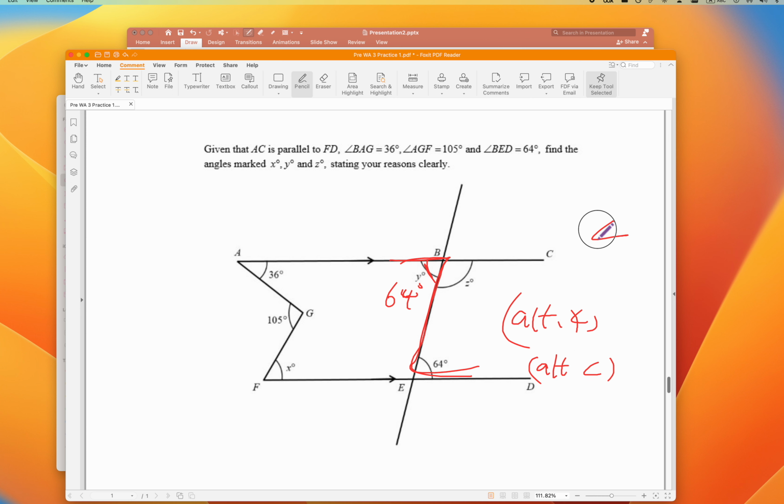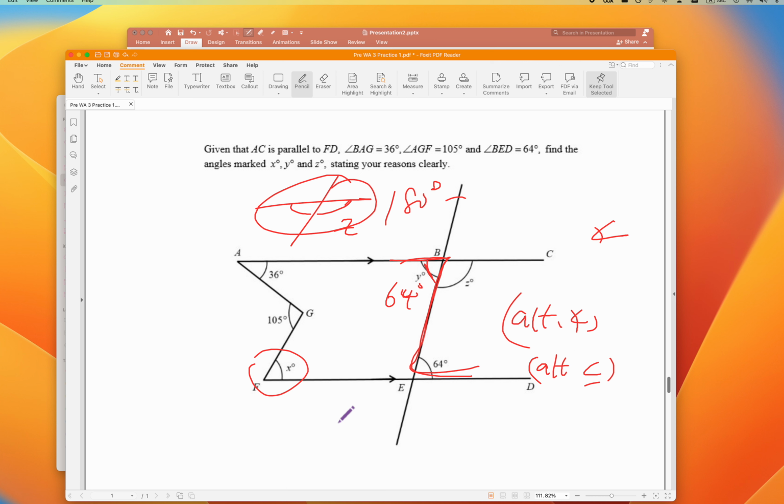I like to use this. Then 180 minus. So what is this? 180 minus. So there's another Z over there. I'm asking you, what is the reason? Angles on a straight line. Correct.